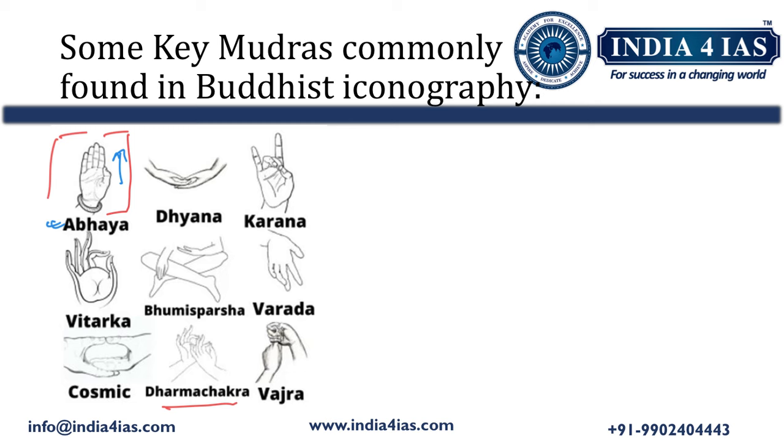So this represents a wheel, the turning of the wheel of the Dharma. It signifies the teachings of the path to the enlightenment and the Buddha's first sermon at the Sarnath. So, what is the significance of Dharma Chakra Mudra? So, it signifies the teachings of the path to the enlightenment and the Buddha's first sermon at the Sarnath.